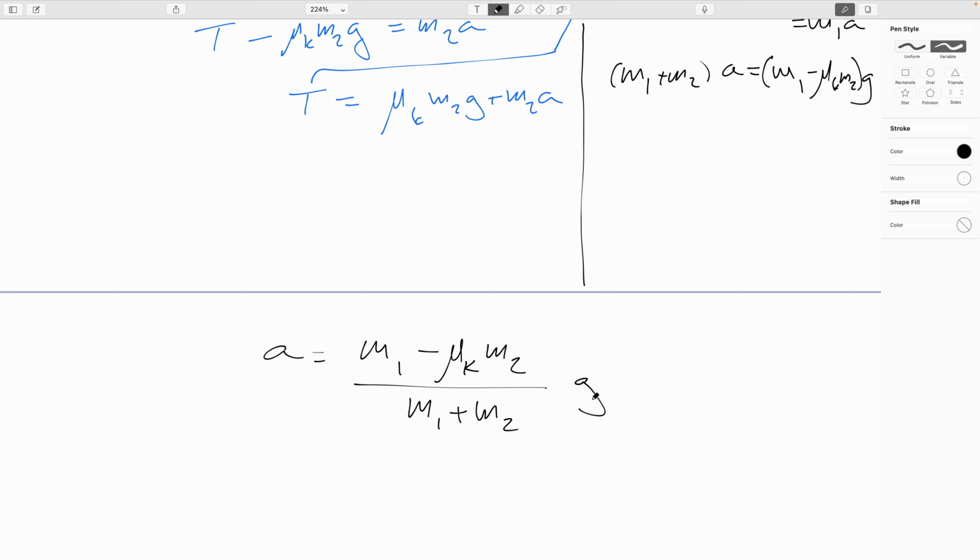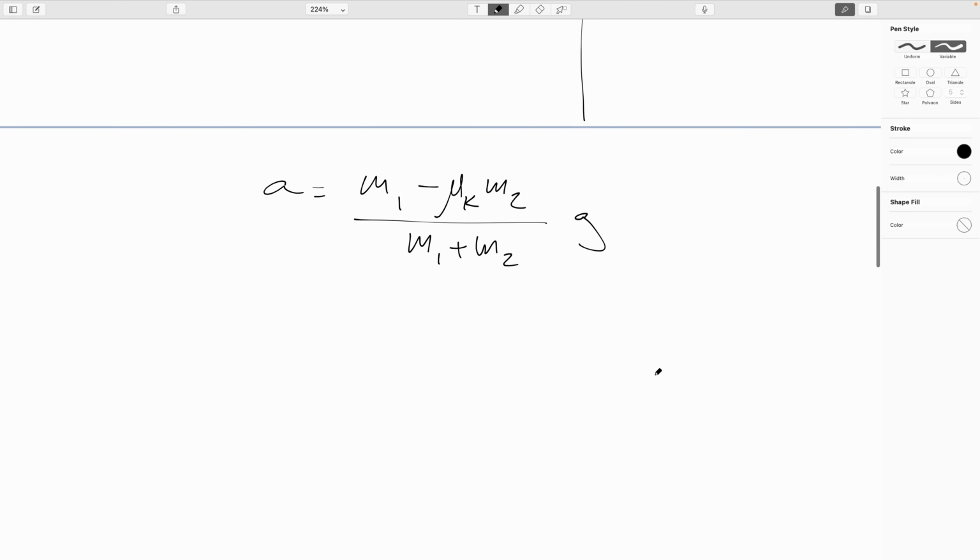Now, if you pause for a moment here, you realize that this looks vaguely familiar. It looks Atwood's machine-y. The only difference now is we've picked up this coefficient of kinetic friction in the result, which makes sense because now instead of us dealing with a force of gravity, it was a force of friction that happened to be proportional to a force of gravity.